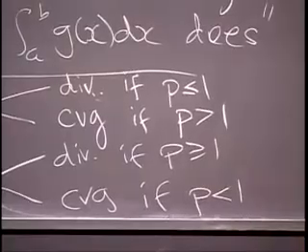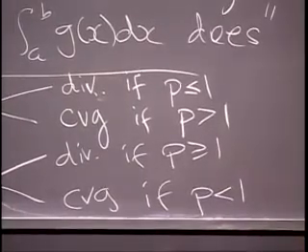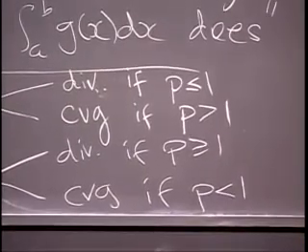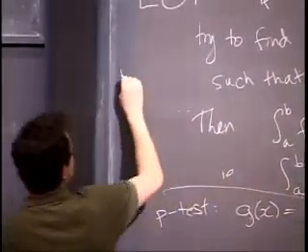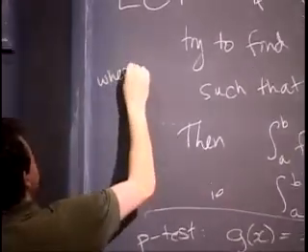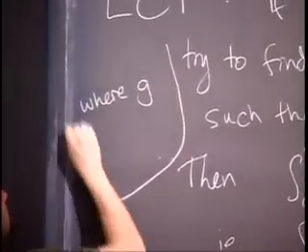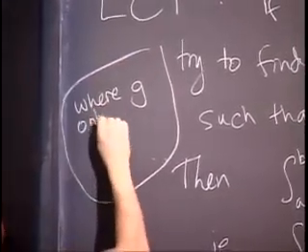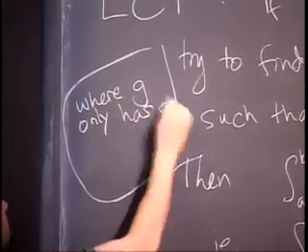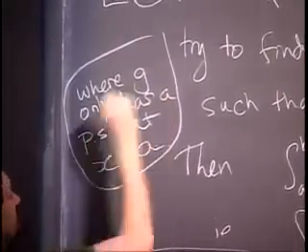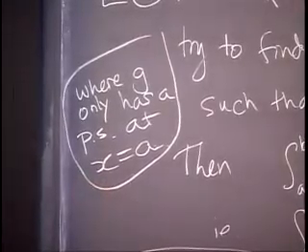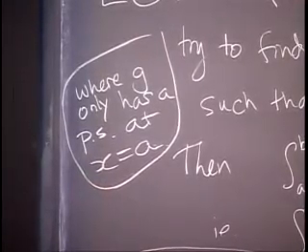I forgot to say one thing about the limit comparison test, and it's to do with g. I should have said where g only has a problem spot at x equals a. You don't introduce any new problem spots. I said it last time, I just forgot to mention it.